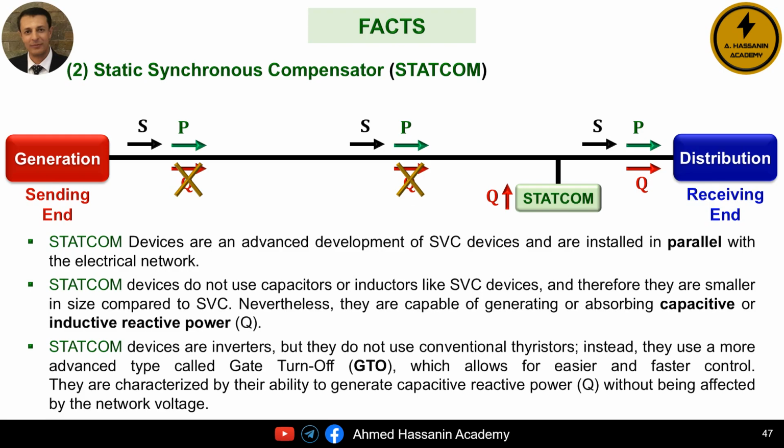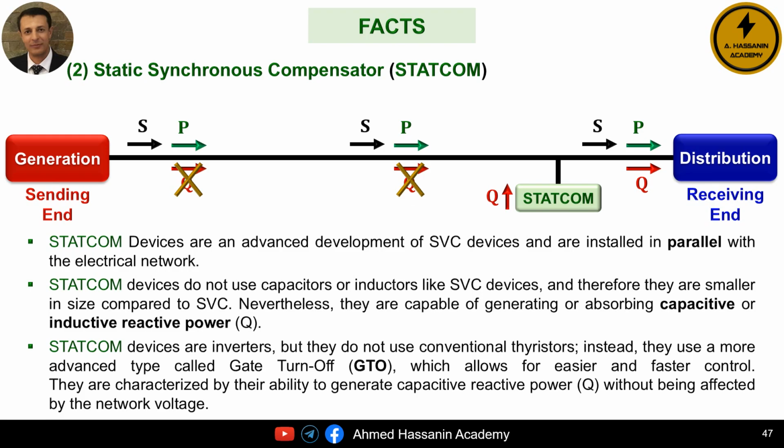One of the most important advantages of the gate turn-off, GTO, thyristor is that the switching operations, turning on and off, are much easier and faster compared to the conventional thyristor. Another key advantage of the STATCOM is that it does not use capacitors or reactors, yet it is still capable of generating or absorbing large amounts of inductive reactive power or capacitive reactive power.